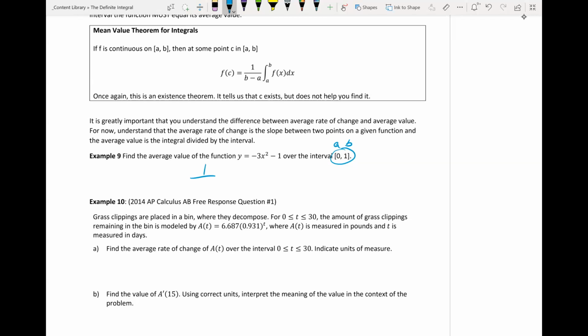So we have 1 minus 0, and then we're going to go from 0 to 1 of negative 3x squared minus 1 dx. You can just plug that into your calculator, and that should be negative 5.